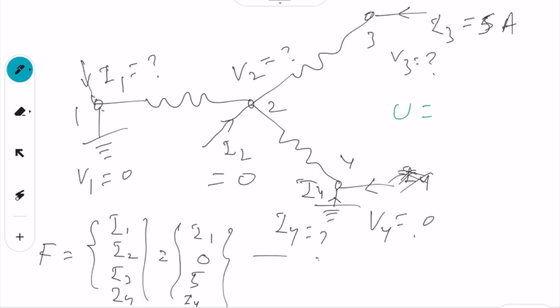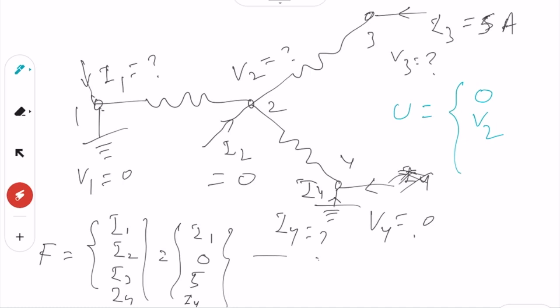Okay, done. Now we can also write here the displacement vector, which will be equal to V1, V2, V3 and V4. V1 is equal to 0, so we write 0. Then we have V2, we don't know what it is, so we write V2.